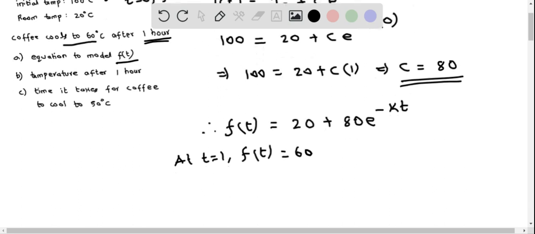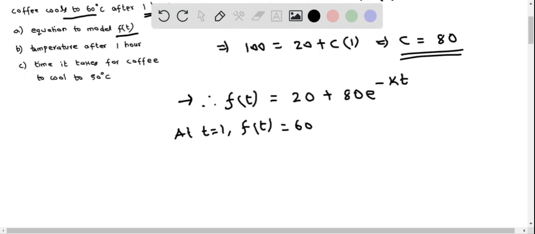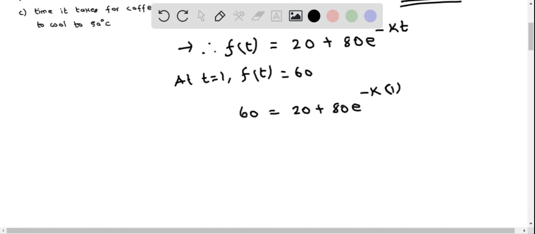So let's plug this information into this equation. And when we do that, we get 60 equals 20 plus 80 times e raised to the power of negative k times t equal to 1. So I replace t by 1. We can solve for k from this equation. First, I subtract 20 from both sides.